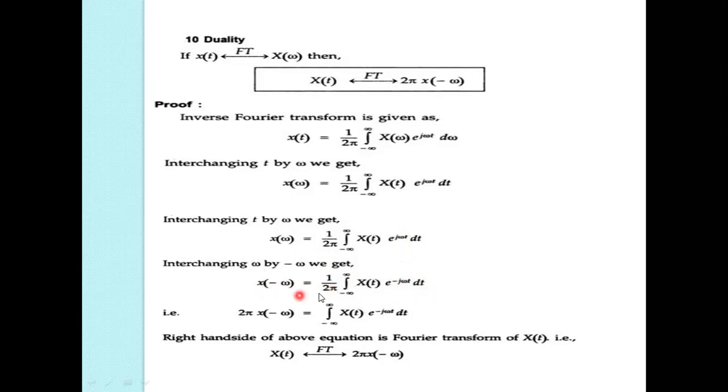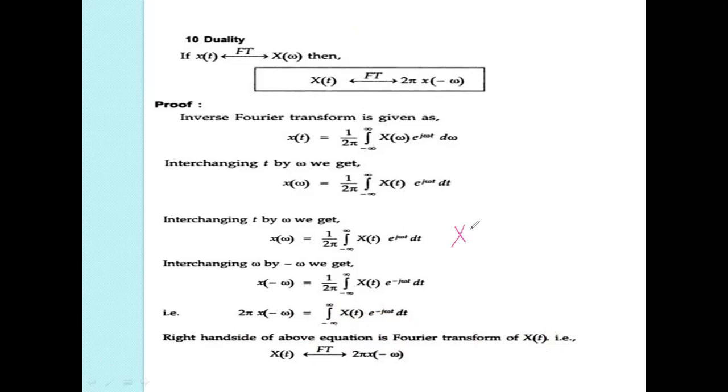Now cross multiply the 2 pi here. 2 pi into x of minus omega is equal to integral minus infinity to infinity x of t e power minus j omega t dt. Now, the right-hand side of the above equation is the Fourier transformation of x of t.